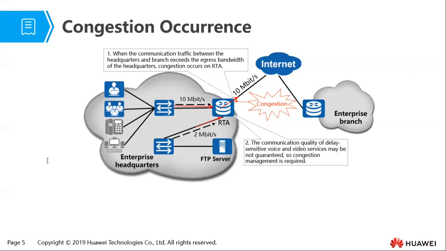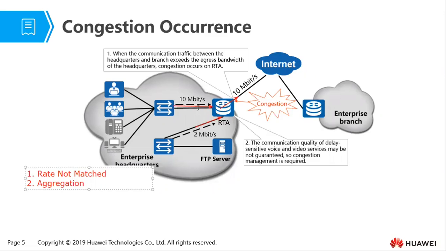Generally, congestion can occur in one of the following scenarios. One is rate not matched: packets enter a device through a high-speed link, then are forwarded through a low-speed link. Then aggregation.